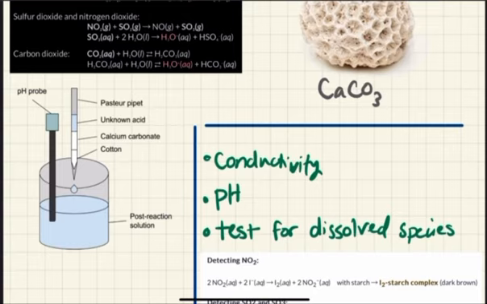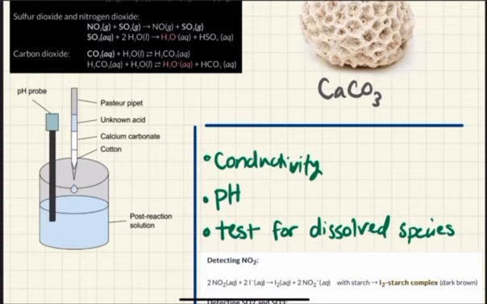This is pretty similar to the idea of a titration, just a different type of apparatus, but we will have measured the mass of the calcium carbonate that we're putting into our Pasteur pipettes. We will not know the concentration or the identity of the acid, to simulate that in samples of ocean water.